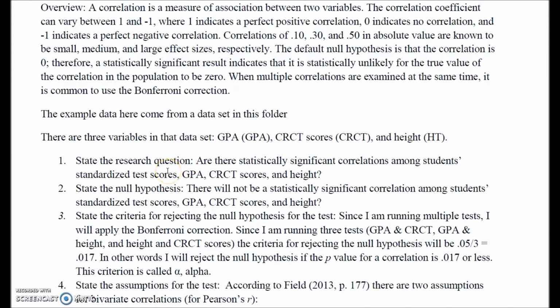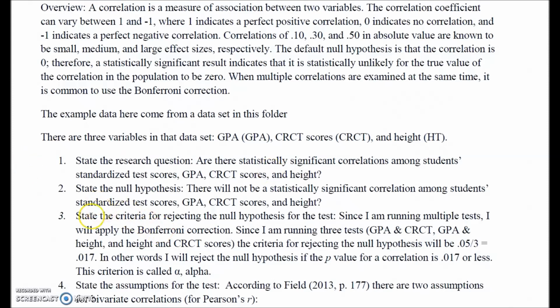So here's my research hypothesis. Are there statistically significant correlations among students' standardized scores, that is the GPA, the CRTC scores, and the height? The null hypothesis is no statistical significance, which means the correlation is 0 among the student standardized test scores, GPA, CRTC scores, and height.